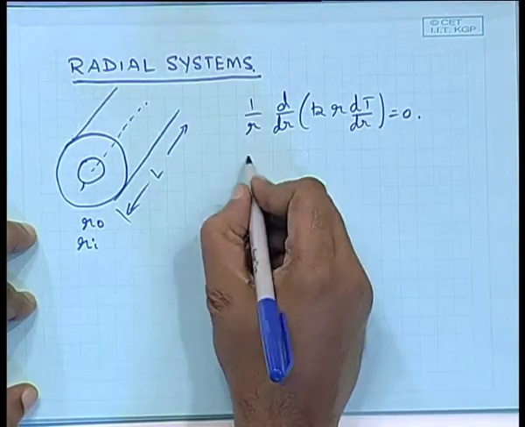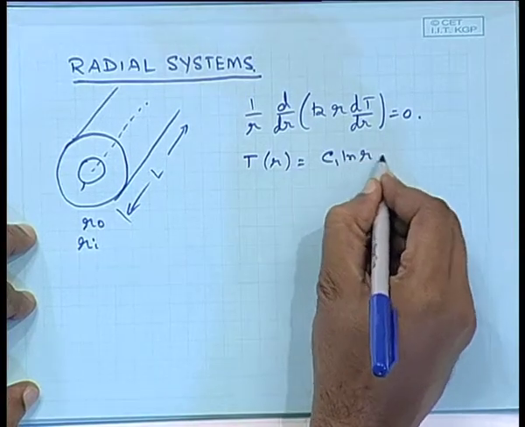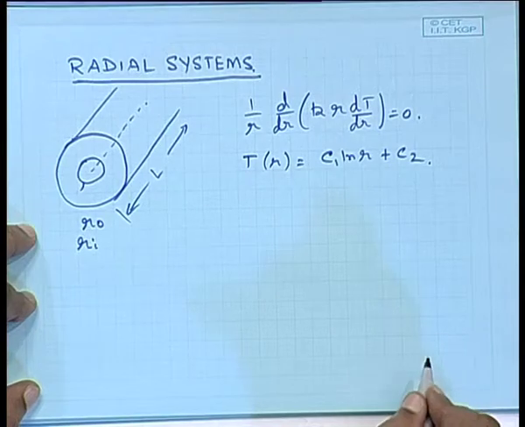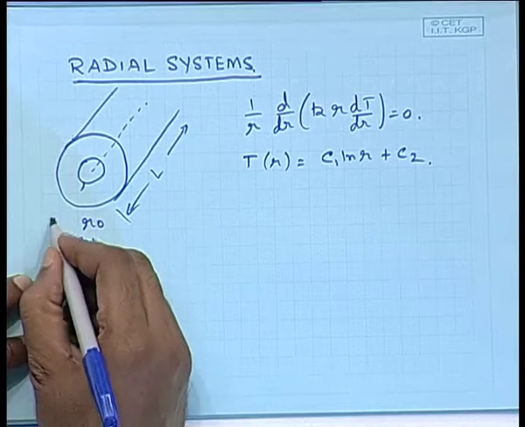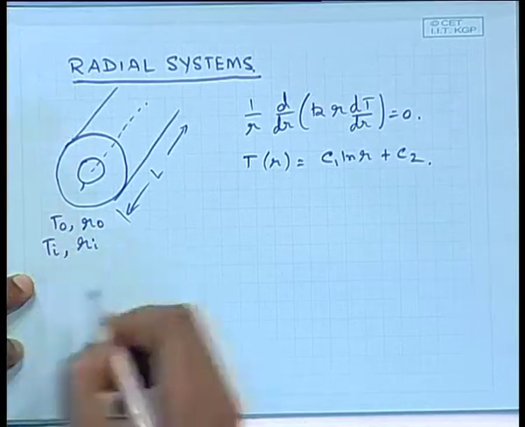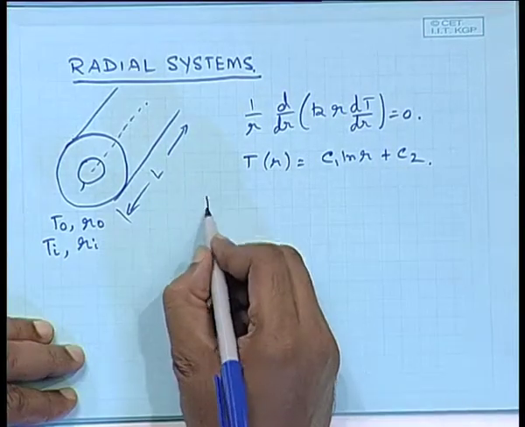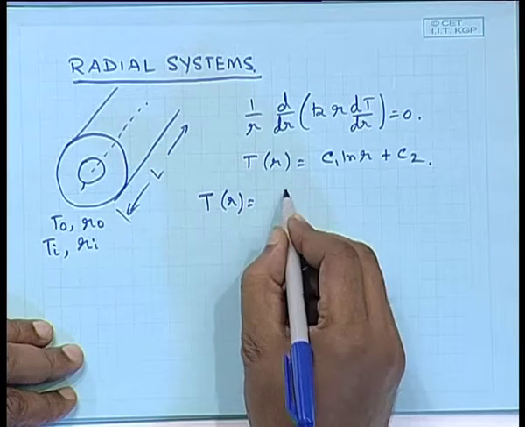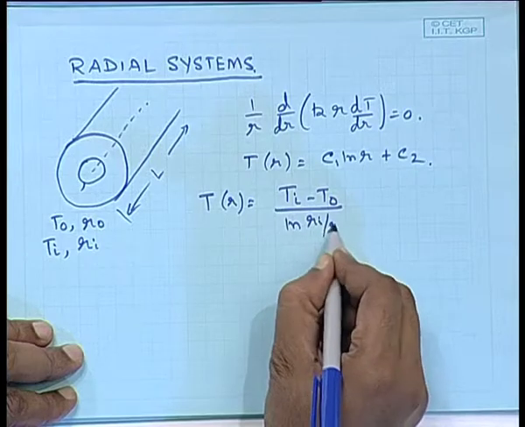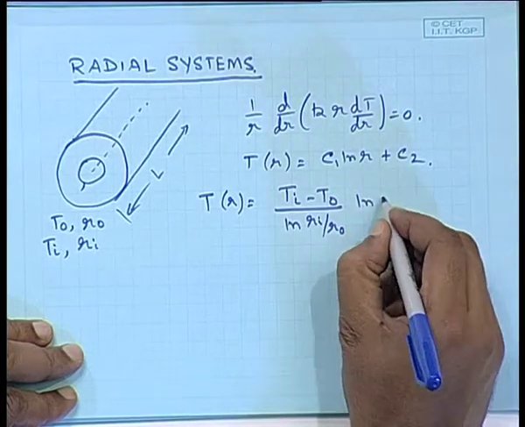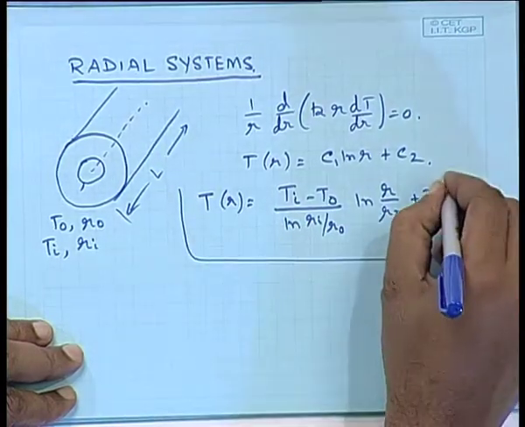All right. So, you can simply find the temperature distribution. Let us say the two temperatures are also known in this case. This is T0 at R0 and Ti at Ri, and you can see it is a logarithmic distribution, and once you solve it, which I am not going to do, this would be the temperature distribution.